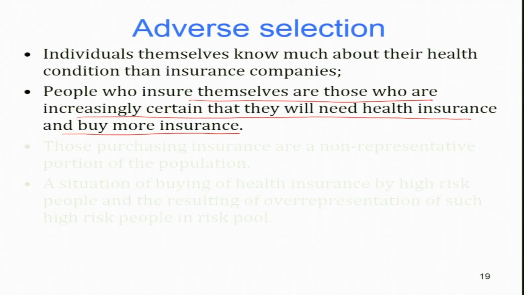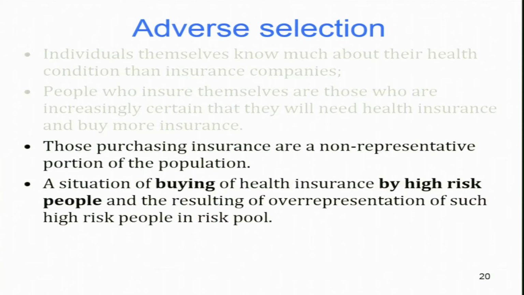As compared to low risk people, the high risk people will get insurance coverage, they will buy. So those purchasing insurance are a non-representative portion of the population, right. So this leads to a situation of buying of health insurance by high risk people and thus results in over-representation of such high risk people in the pool.